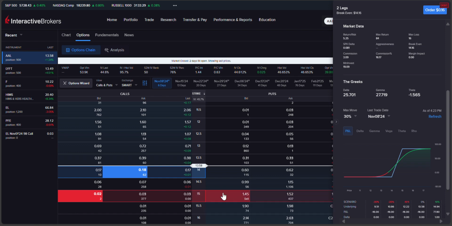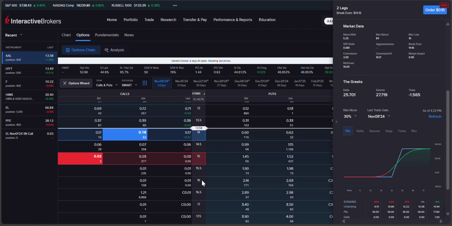And so if at the end of this trade, both options expire, if the stock price expires above 15, for example, that it expires at 16, you have the option to buy it at 14 and then sell it at 15. So you'll profit $1 per each stock.